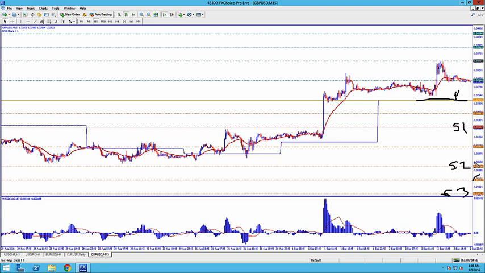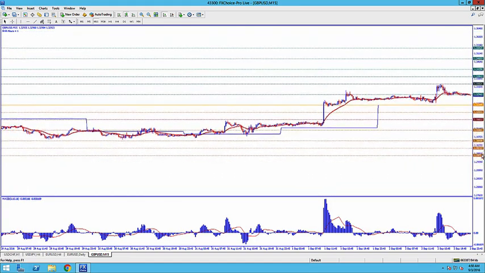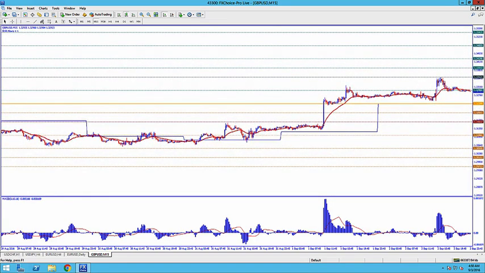The ones in the middle a lot of times are used also as support and resistance, but the main pivot levels are pivot, support 1, support 2, support 3, and also you can look above and you have pivot, then you have resistance 1, resistance 2, and resistance 3. So these are the levels to watch for the next day.